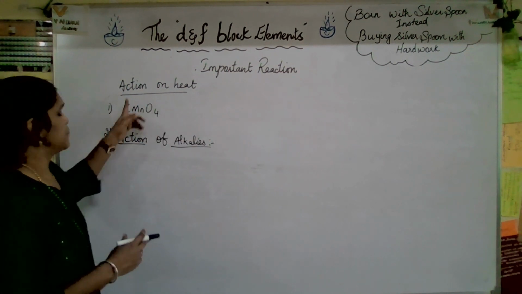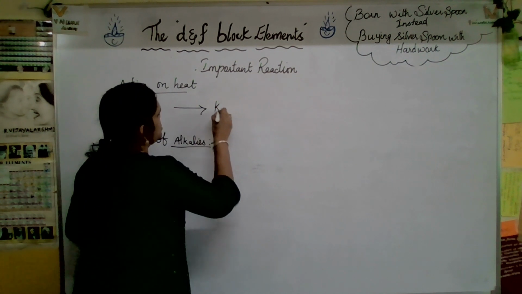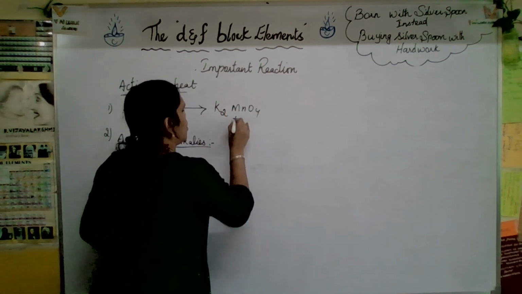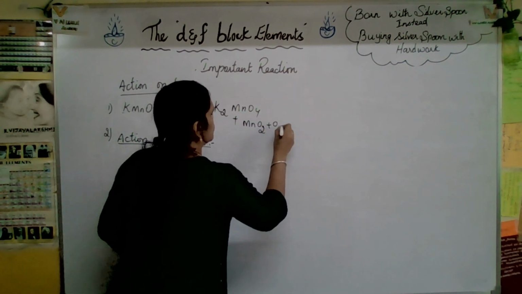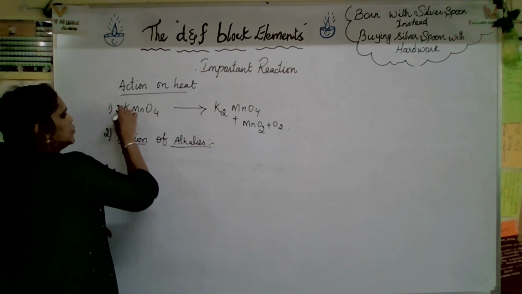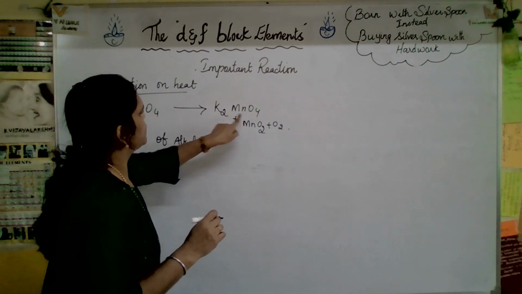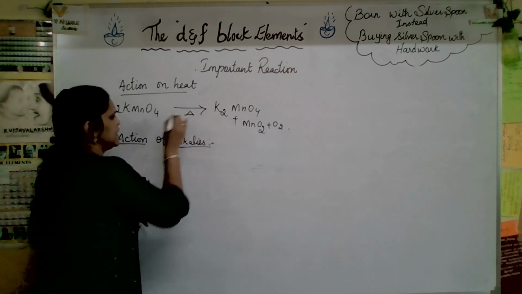While heating potassium permanganate, what happens? You will get potassium manganate along with MnO2 plus O2, oxygen. So you will get K2MnO4 plus MnO2 plus oxygen on heating.